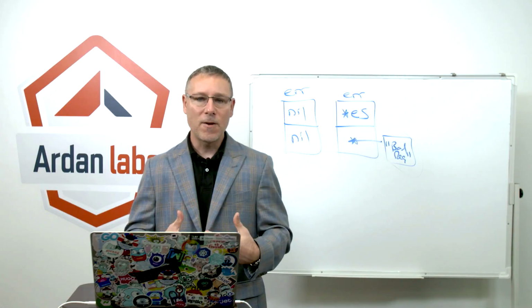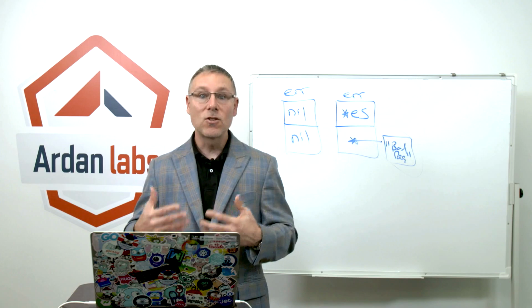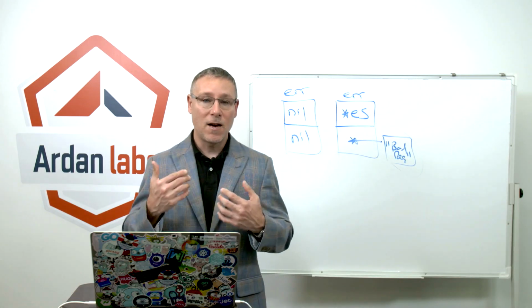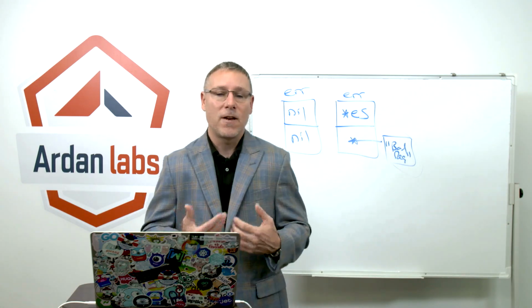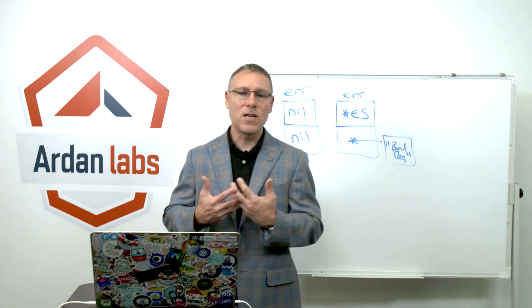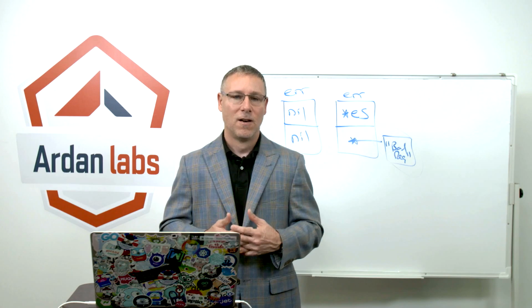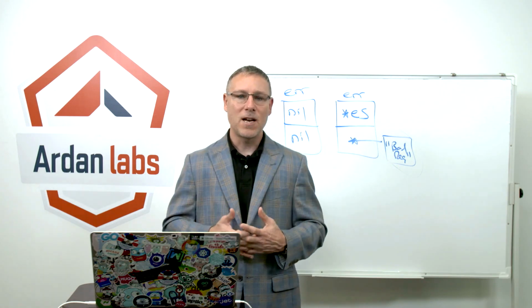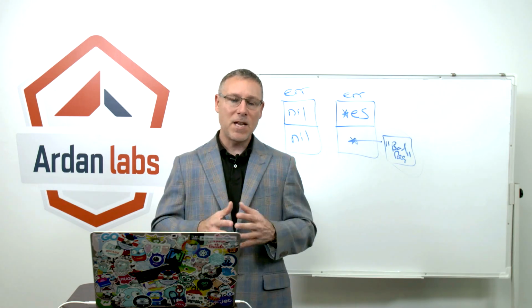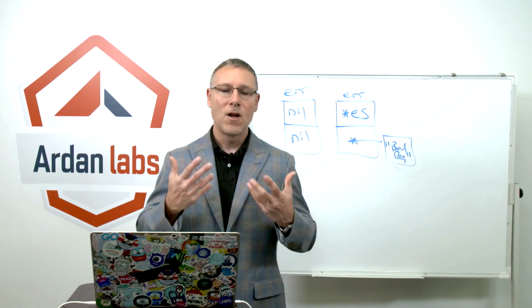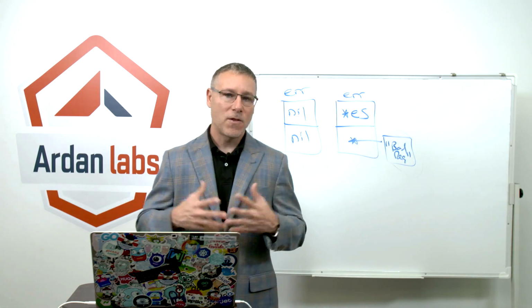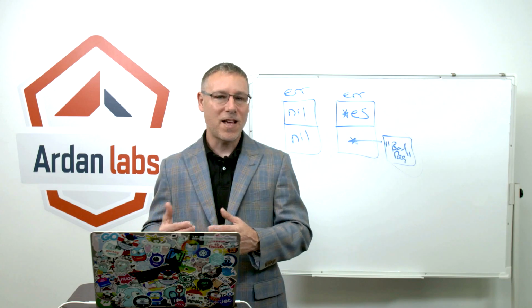So error variables have to be your next choice when just knowing that there's an error in there is not enough. And I want to use the default error type, that error string, first before we create any custom error types. You've got to be clear here. We don't want to just start off using custom error types for the sake of it. We don't want to do anything for the sake of doing anything.